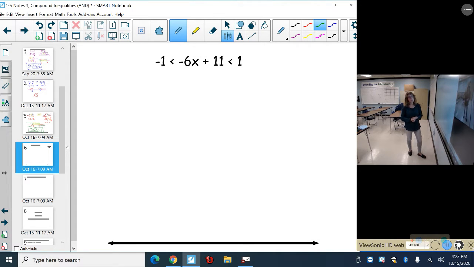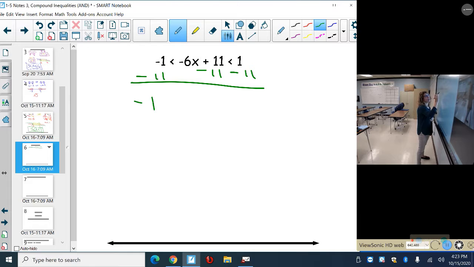Same thing. So this is the one where it's already set up for us, where X is in the middle. So this is where you're going to do it to the left, the middle, and the right. So I'm going to subtract 11 on the left, the middle, and the right. So -12 is less than -6x, which is less than -10.